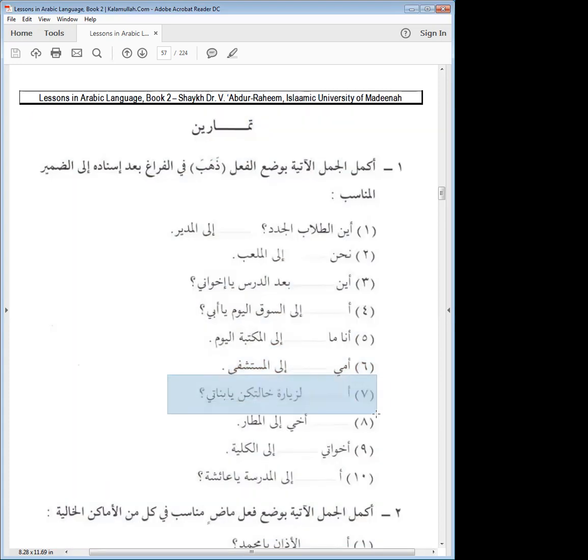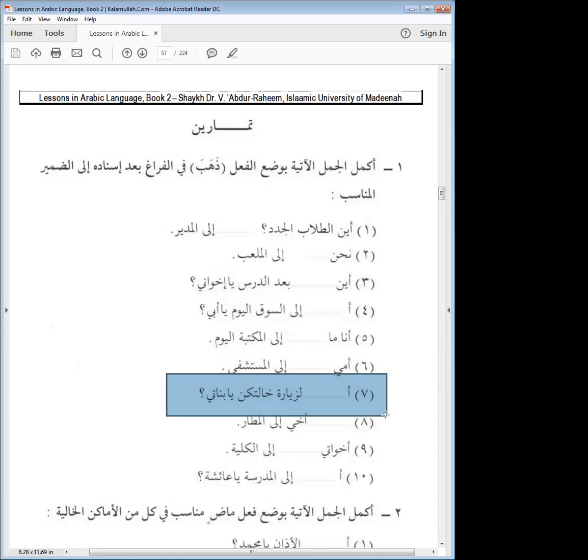Now, رقم 7. Something لزيارة خالتكن يا بناتي. Right. So first of all, who is doing the action? So the question here is the Hamza and the Aleph to ask a question.